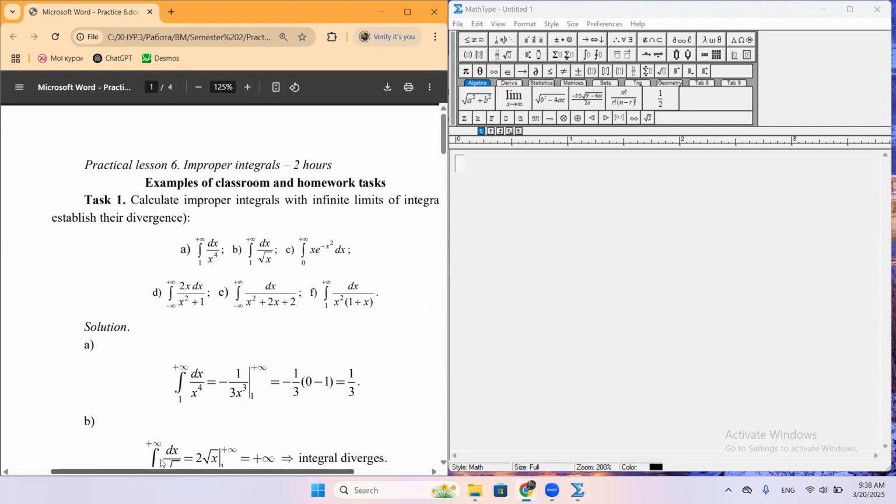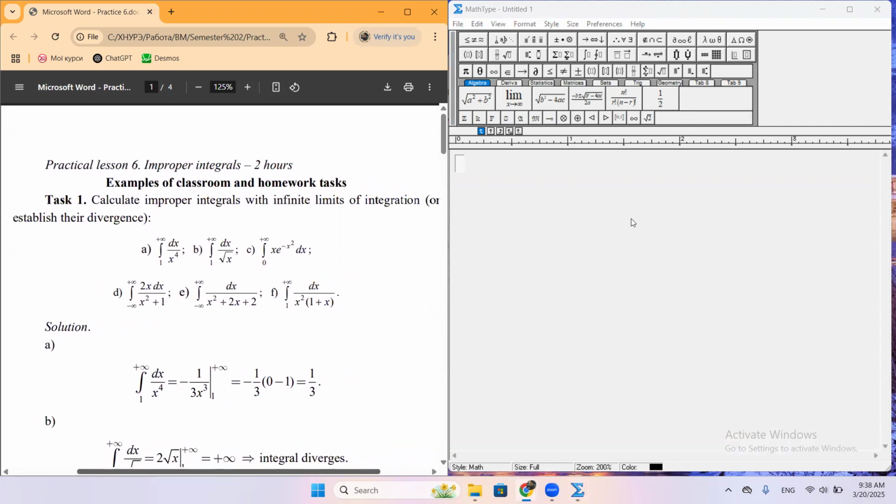Let me zoom in. Okay, so calculating the first integral. Actually the procedure is analogical to proper integral. So integral from 1 to infinity of 1 divided by x in power of 4.